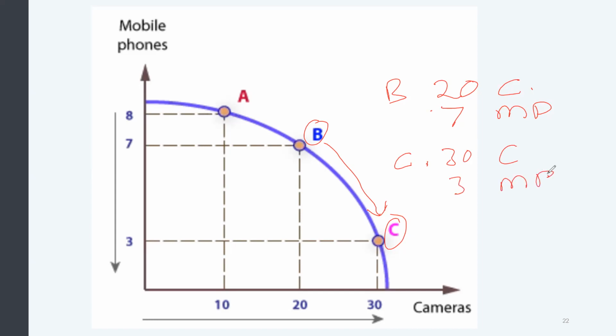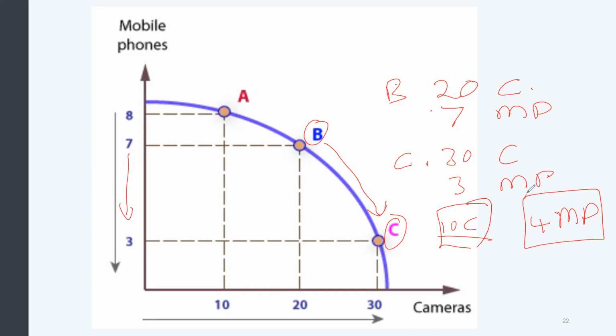So which means that for me to be able to gain 10 cameras from B to C, I had to forgo the difference between the mobile phones, which is 4. I had to forgo 4 mobile phones, which means that the opportunity cost for 10 cameras is 4 mobile phones. If your lecturer then asks you what is the opportunity cost of 1 camera, then you can do your algebra and divide to get the opportunity cost for 1 camera.